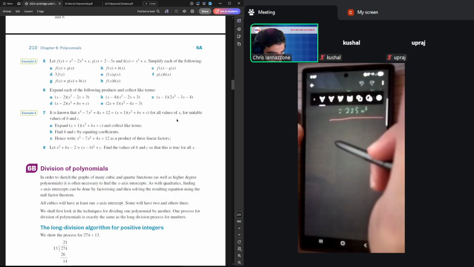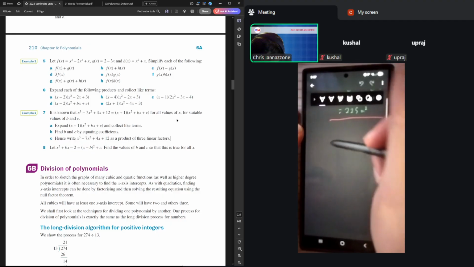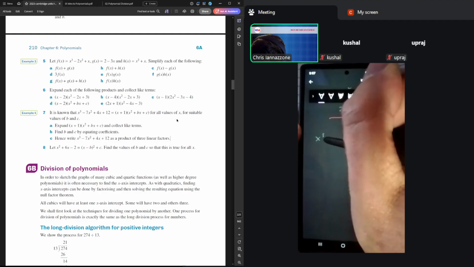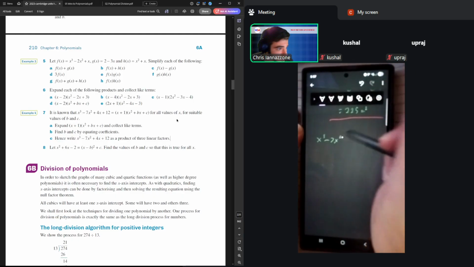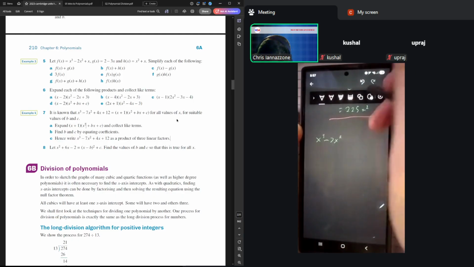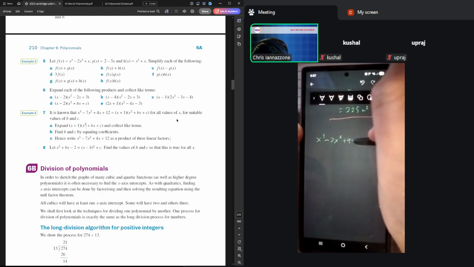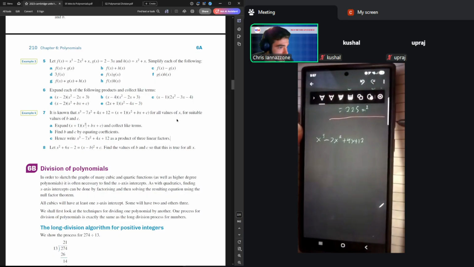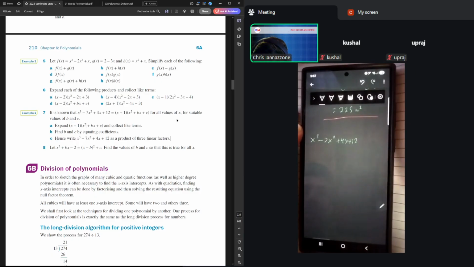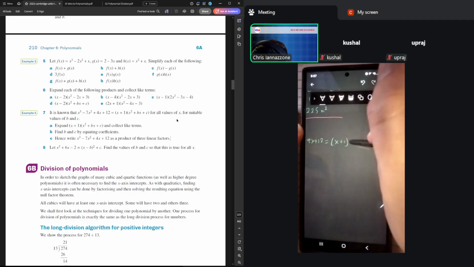So we've got x cubed minus 7x squared plus 4x plus 12, and we're told that is equal to (x plus 1)(x squared plus bx plus c).